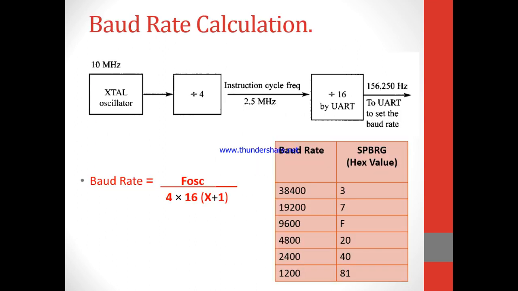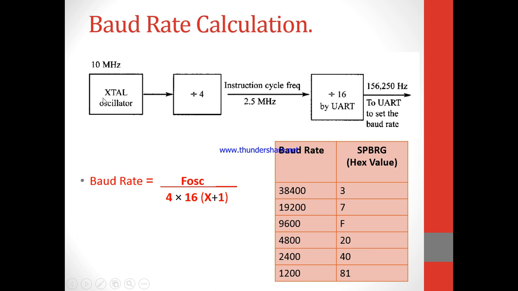Alright, so we'll go to the next important point. Before programming, we need to make a calculation of the baud rate. And before making the calculation, we will first understand how the baud rate can be calculated. We take this example.